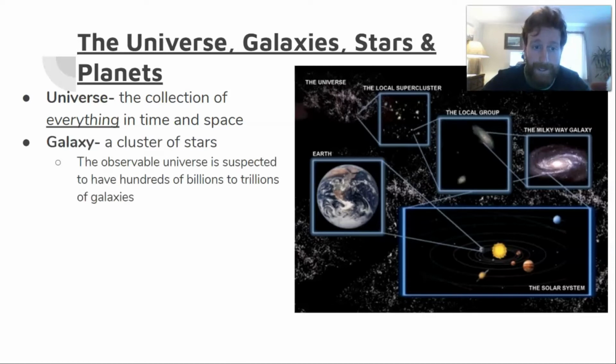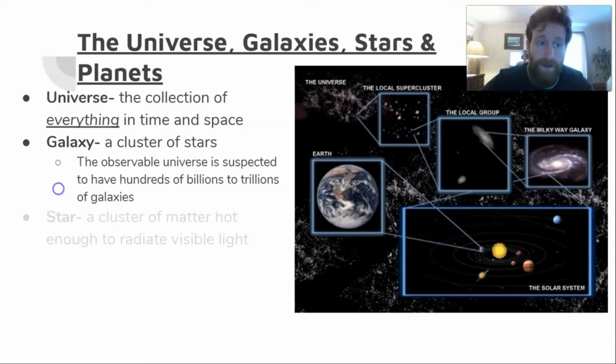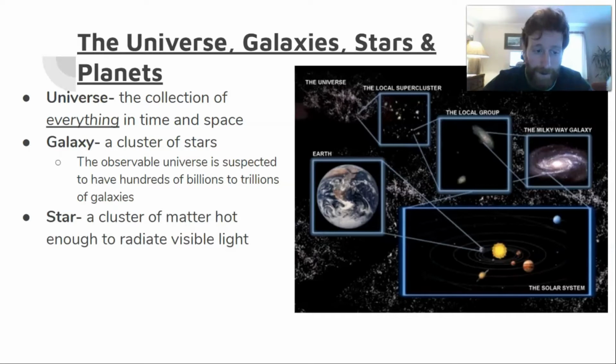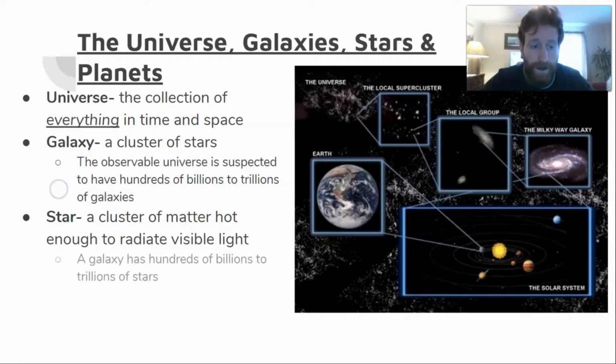Remember, we say that the observable universe is suspected to have hundreds of billions to trillions of galaxies. A star, on the other hand, is a cluster of matter hot enough to radiate visible light. And obviously, it's much, much smaller than a galaxy. A galaxy has hundreds of billions to trillions of stars. We say in the Milky Way alone, we have like 400 billion stars in our galaxy.